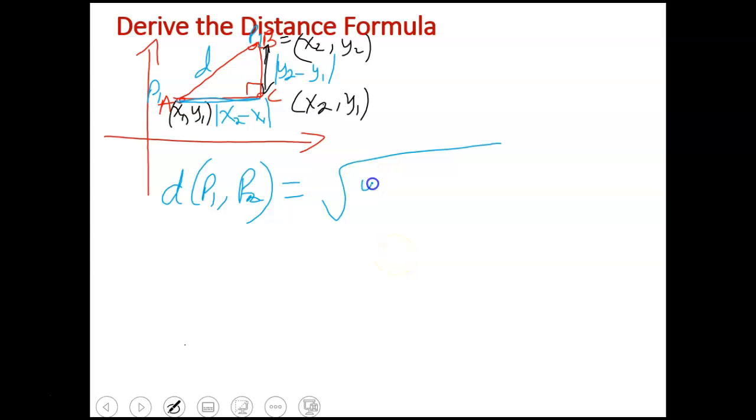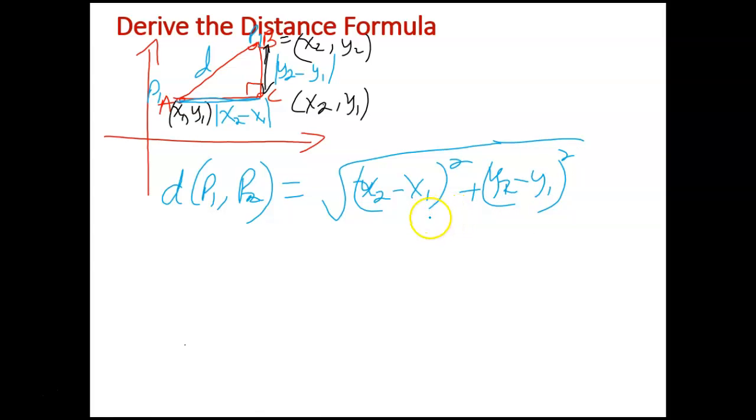So the length is the square root of x2 minus x1 squared plus y2 minus y1 squared.